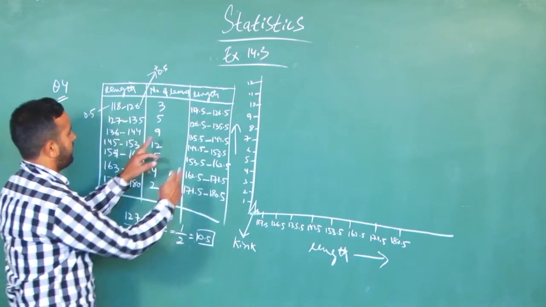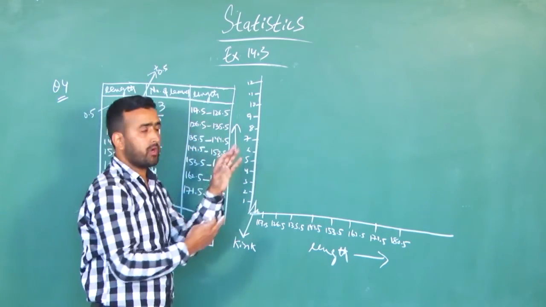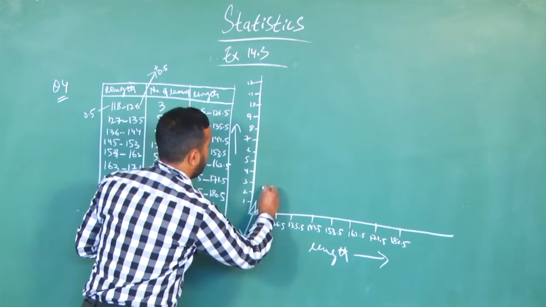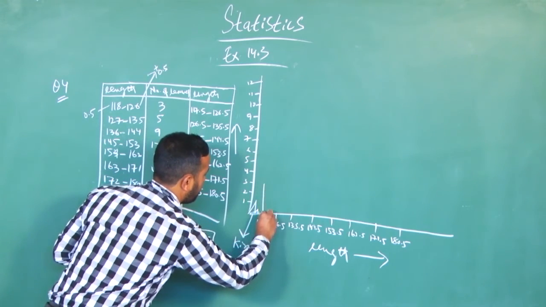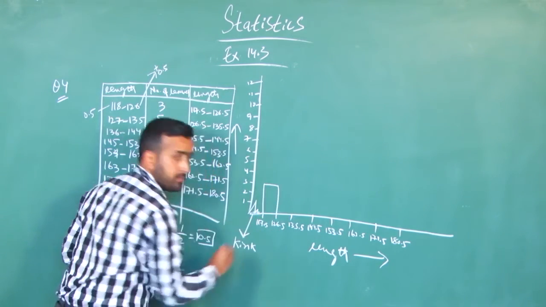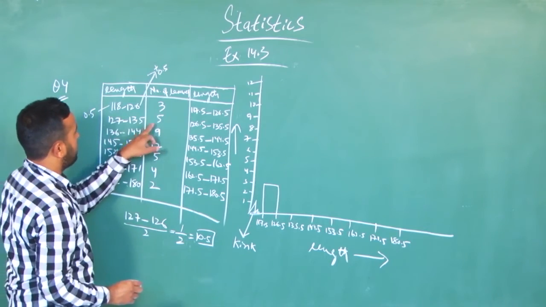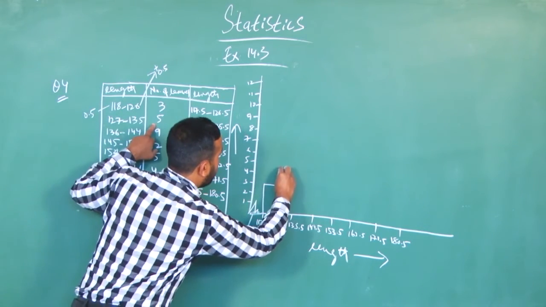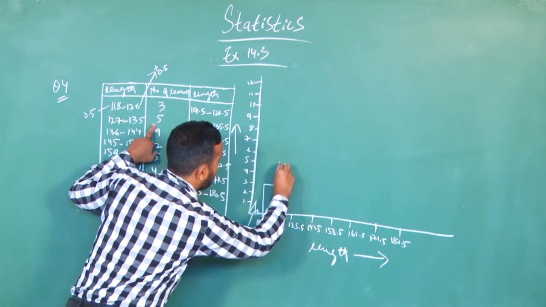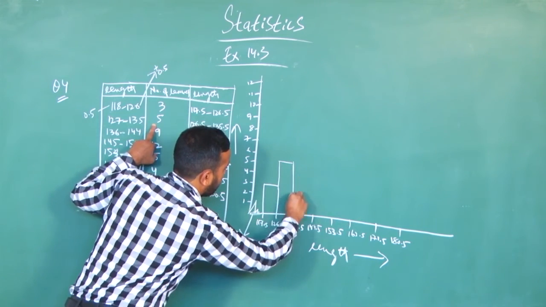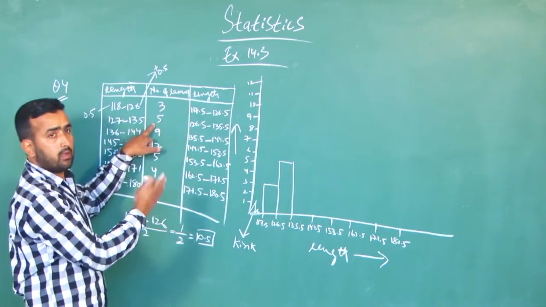Now for the first one, 117.5 to 126.5, we have 3. Then it is 5, so we continue. In the bar graph we drew the next bar with gaps, but here there are none.